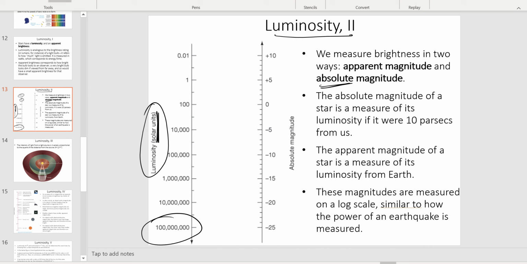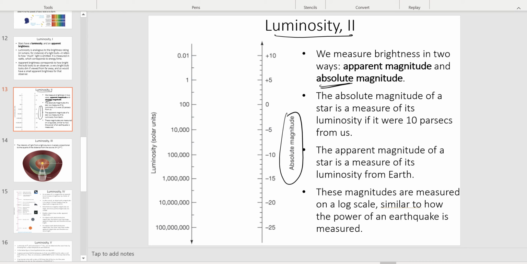On the other hand, on the right side, we have exactly the same scale, but we're using different numbers to measure it. This is called absolute magnitude, and this, I'm sorry to say, is a little confusing, because notice that this here is very bright. 100 million solar units is much brighter than 0.01.